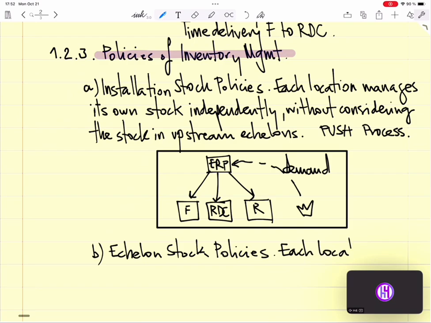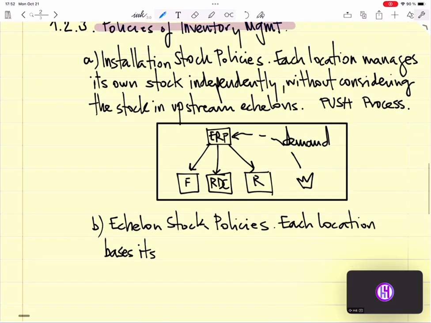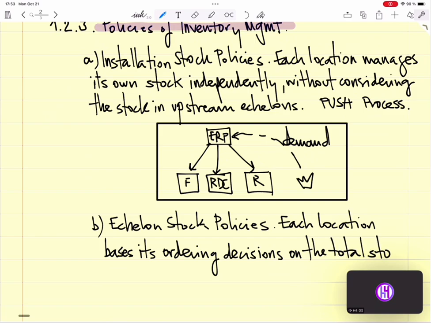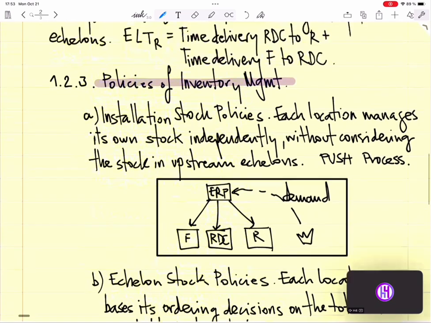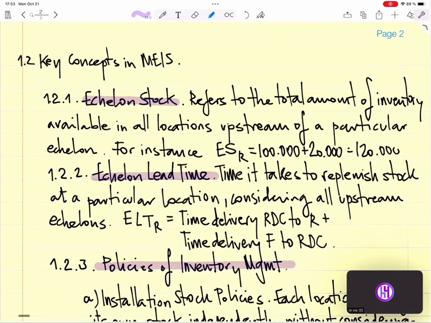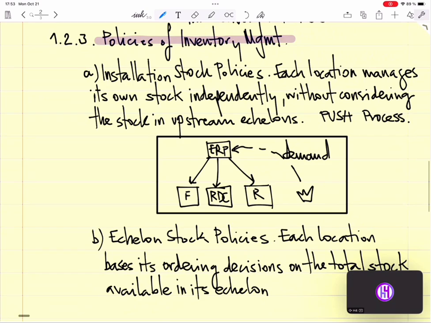Each location bases its ordering decisions on the total stock available in its echelon, which, as we have seen in the definition above, is the sum of its inventory and the upstream stock.